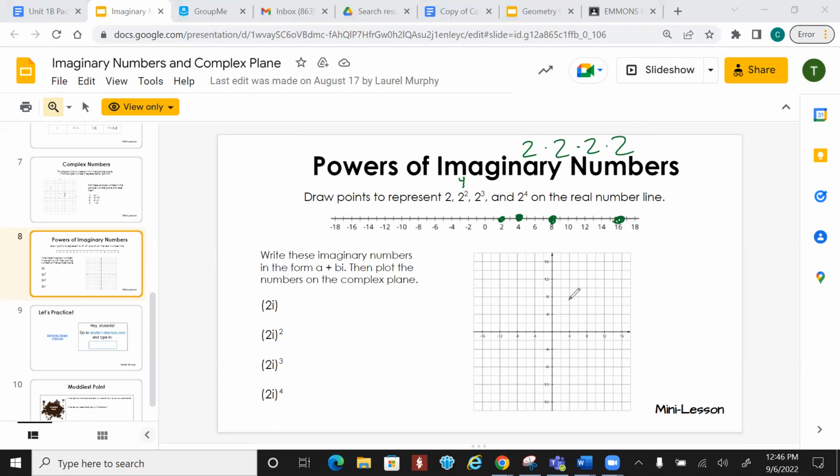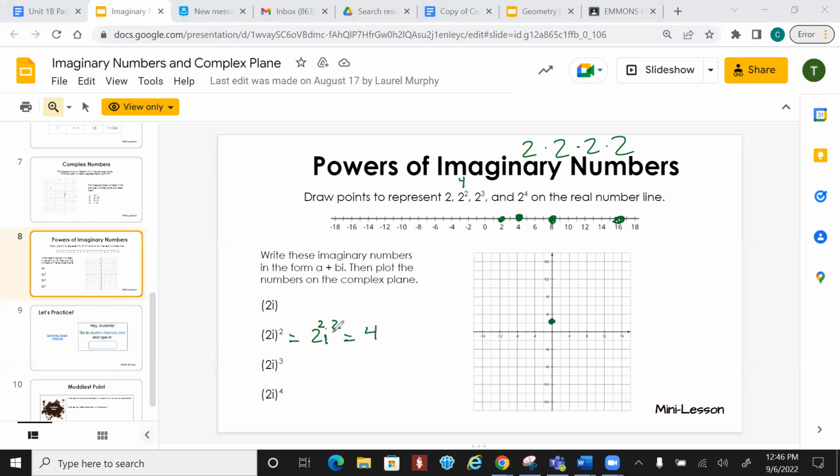So we can actually do the same thing on the complex plane. The 2i is right here. These are going up by 2's, by the way. So we're going to go up 2i. Now, on the second one, it's saying take this and square it. So that's the same thing as saying 2 squared and then i squared. Well, what's 2 squared? 4.